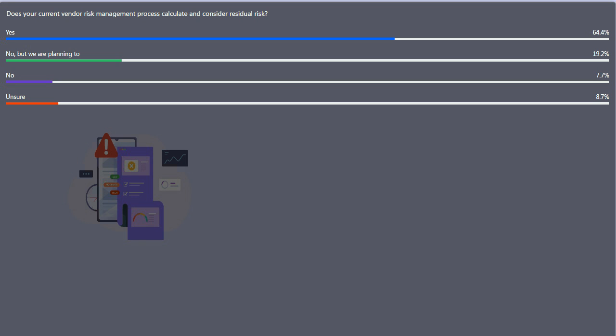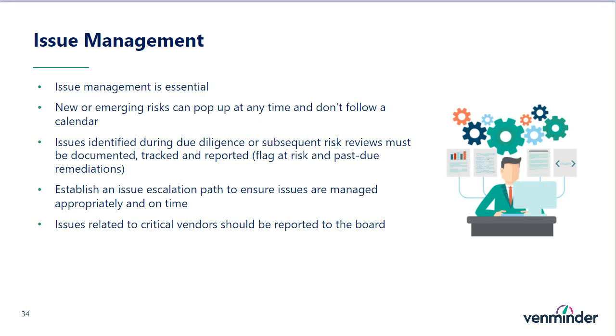I want to point out the importance of issue management in this whole process. It is essential. And first of all, when it comes to issues, new or emerging risks can pop up at any time. They just don't wait until your risk review to show up. So we need to keep our eyes on things. But issues that are identified during due diligence or those subsequent risk reviews need to be documented, tracked, and reported.